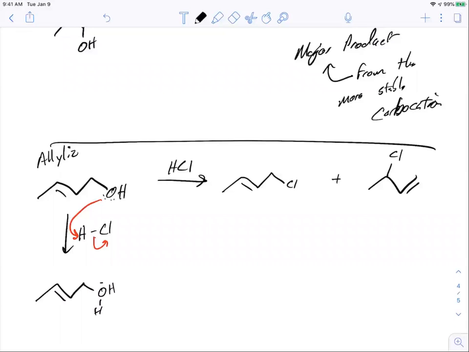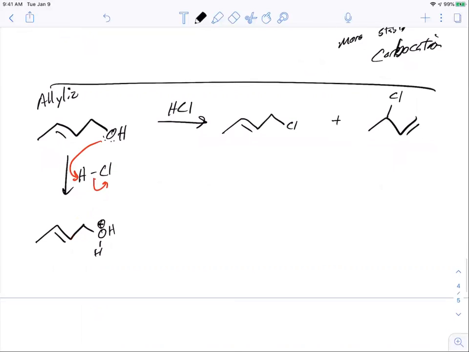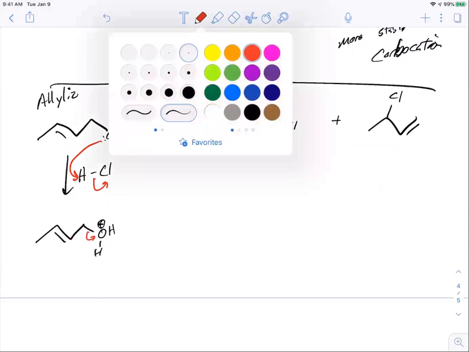That makes the hydronium. Since this is an allylic position, I could get the carbocation to leave.